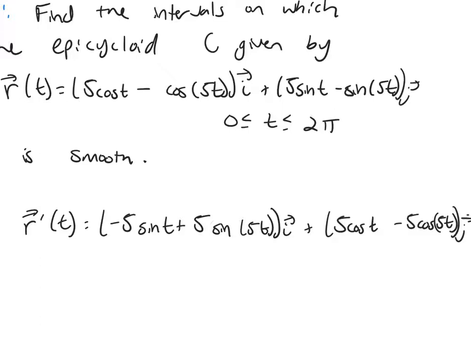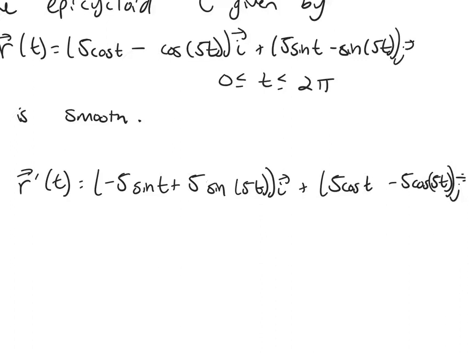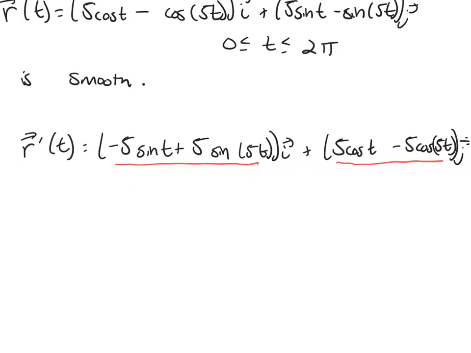And so we want to know where these functions are continuous. Well, if we look at their pieces, these are both made up of sines and cosines. These functions are continuous over the whole number line. So the only problematic spots I've got to worry about is where the derivative equals 0i plus 0j.